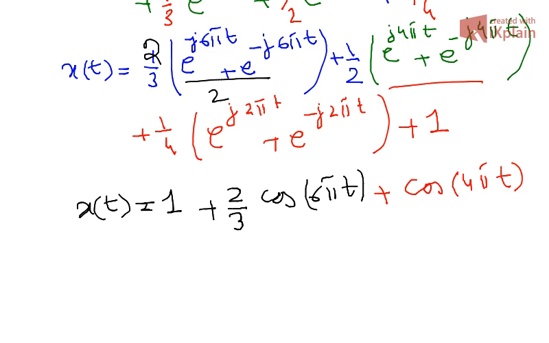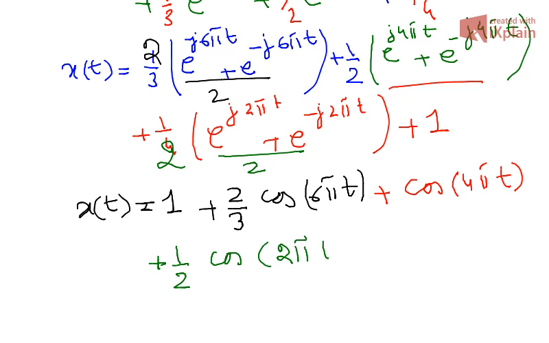And if you observe the last term, which is 1 by 4, write it this way, put 2 here and 2 here, it's still 1/4. So you can see that this is actually equal to 1/2 cos of 2 pi t.